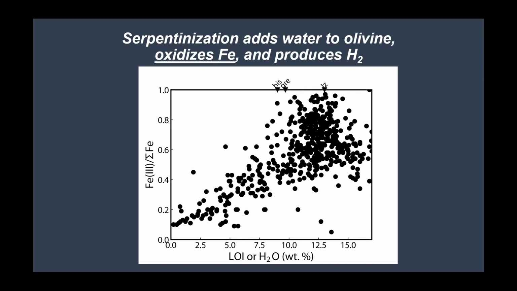So again, serpentinization adds water to olivine, oxidizes iron, and produces hydrogen. So this is a classic plot. These are data from Mayhew and others, 2020, that I have obviously left the citation off of, but it will show up eventually. Here we have on the x-axis loss on ignition or water weight percent, but you can think of that as the serpentinization degree, right?